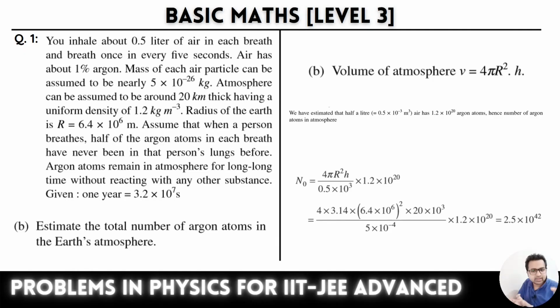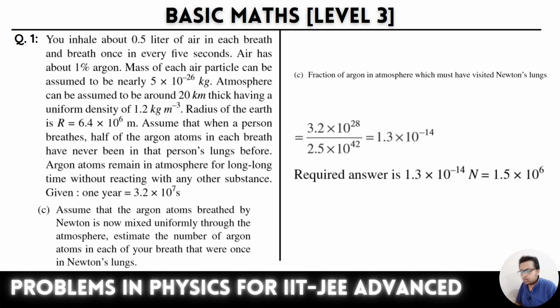This is the number of argon atoms in 1 liter, and the number of argon atoms in 4 pi r square h will be the number of particles we calculated just now into 4 pi r square h. So you get the number of argon atoms in the total volume of the atmosphere. After solving, you get the answer to be 2.5 into 10 to the power of 42.